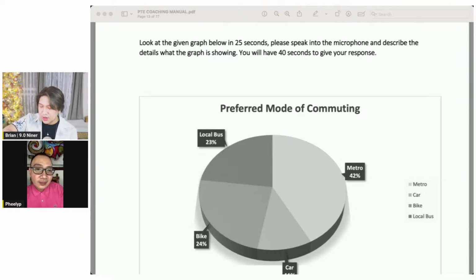The pie chart depicts the four kinds of commuting that are preferred by people. There is metro, local bus, bike, as well as car.